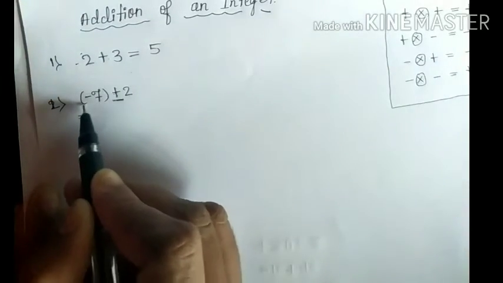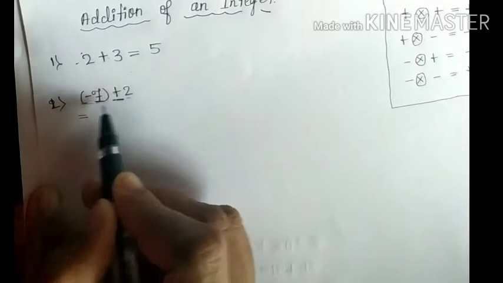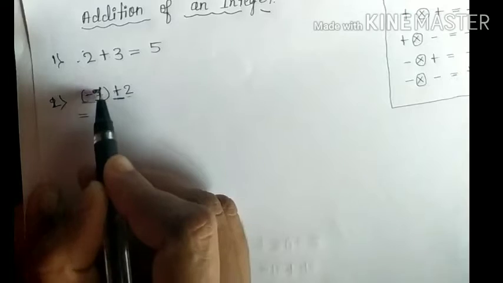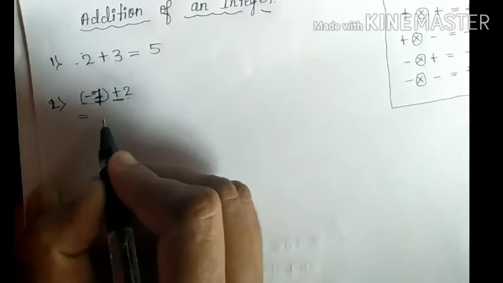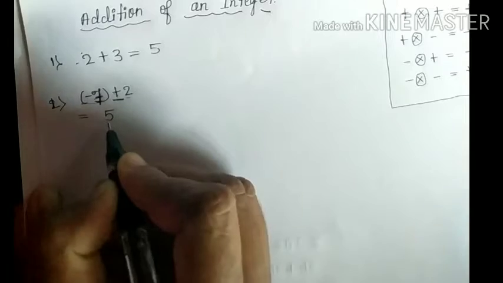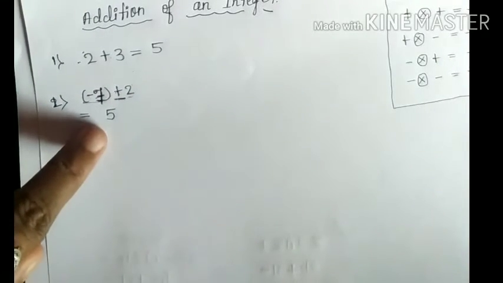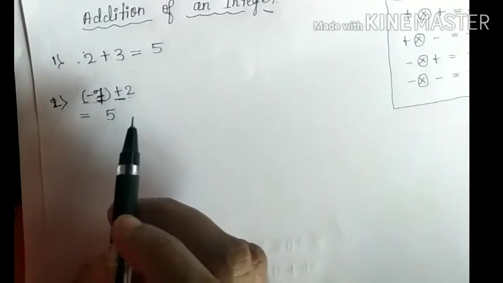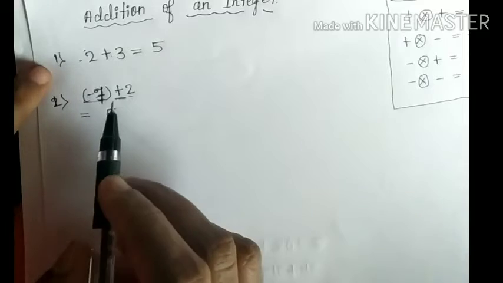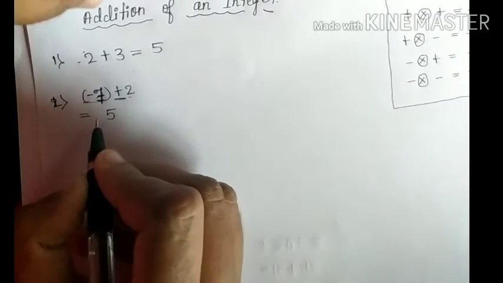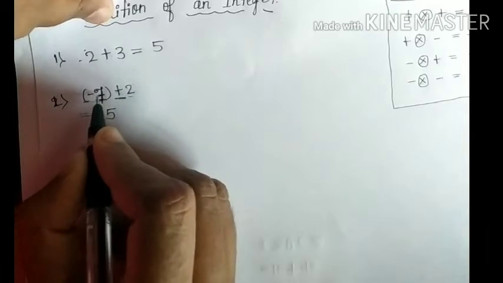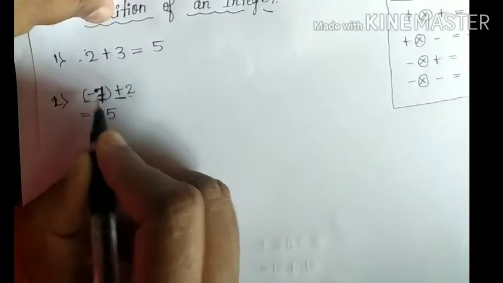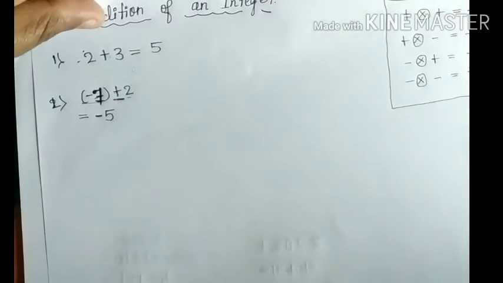But here we have to subtract these two numbers. 7 minus 2, what is coming? 5 is coming. And see here, we subtract 7 minus 2. Then the greatest number having which sign? That sign you should write before this number. Here the greatest number is 7, and that has the minus sign, so minus you have to write.